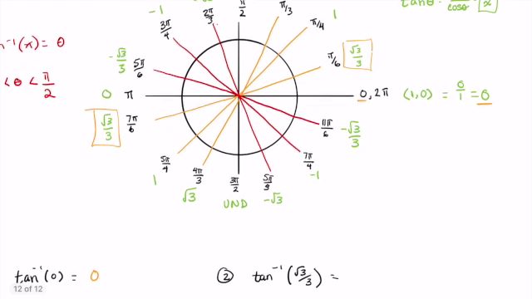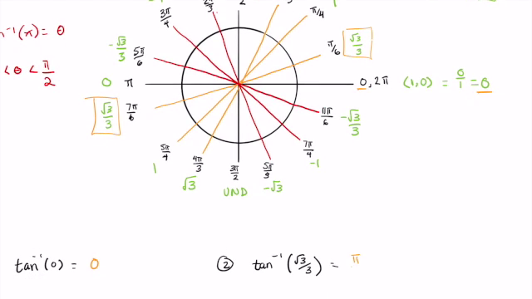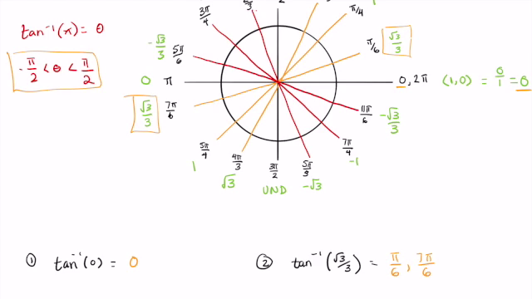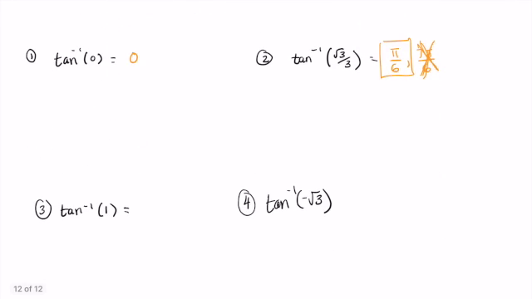And so here we have these values of pi over 6 and 7 pi over 6. Now, which one of those falls within my bounds here? Well, the answer is pi over 6. So we don't even need that one. So the inverse tangent of root 3 over 3 is pi over 6.